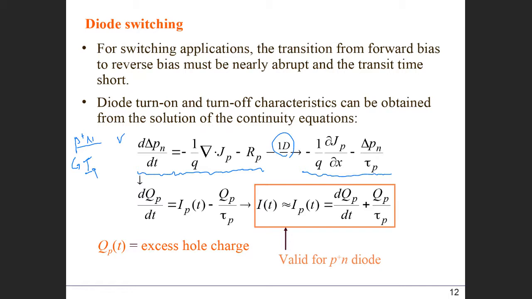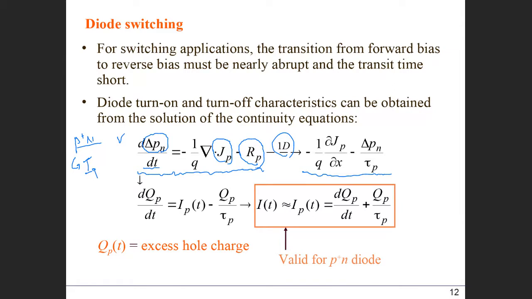Here, any change of the hole concentration in the N side in terms of time is related to our injected hole current, and then there are the recombination or generation parameters here.